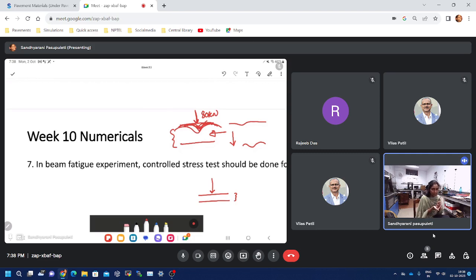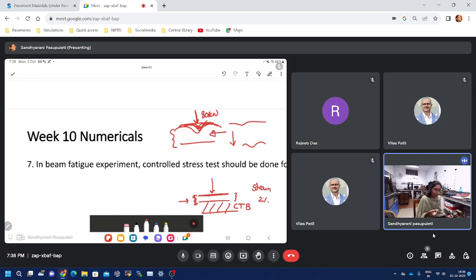It will immediately bend. But here, the stiffness of these thinner layers mainly depends upon the bottom layers. If I have a strong CTB at the bottom, then the response of this thinner layer would be different. If I have, let us say, soil, then this response would be different. So in those cases, we will apply some strain, let us say 2% strain.